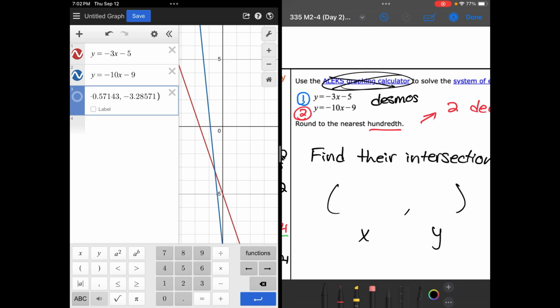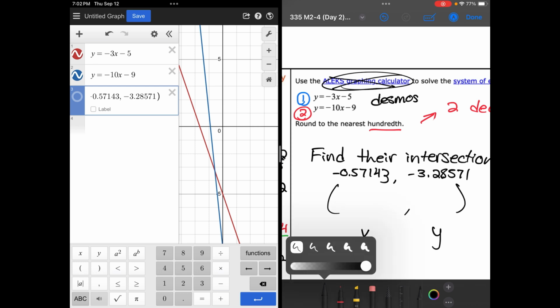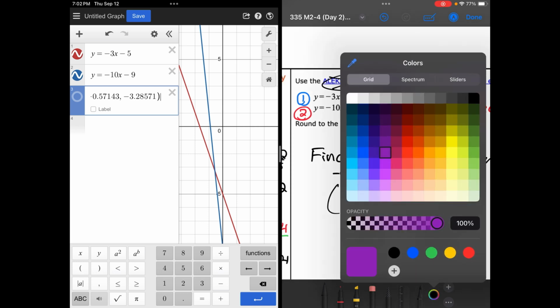So it says round to the nearest hundredth. This is important because the assignment will not give you the right answer unless the rounding is correct. So I'm looking at my negative 0.57143, the nearest hundredth of that. And let me go ahead and write the other coordinate too. So the other one was 3.28571. All right.